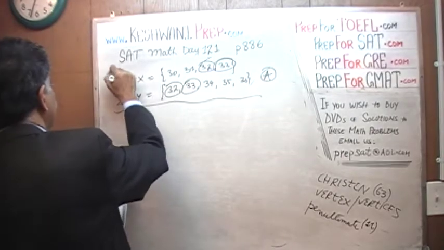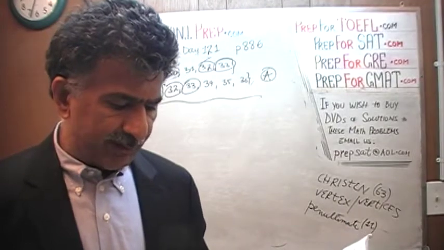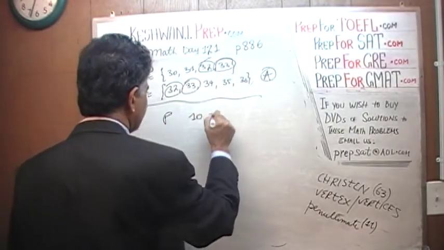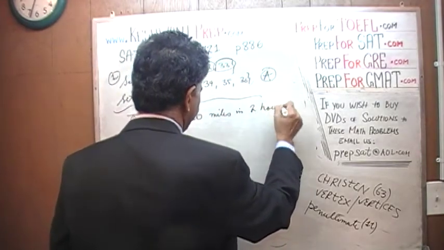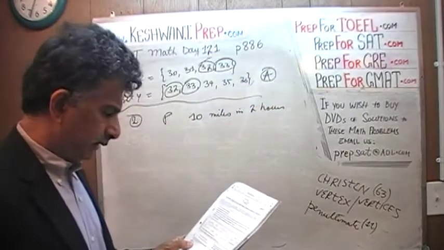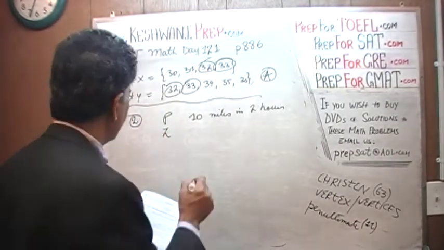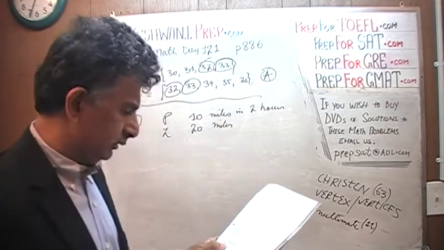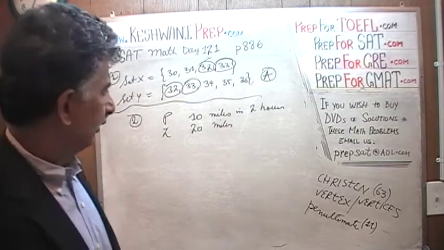Question number 2. If Peg travels 10 miles in 2 hours, and Linda traveled twice as far, that's 20 miles, twice as far in half the time.